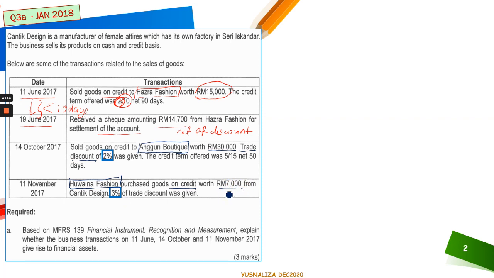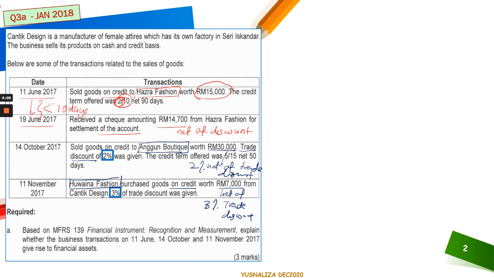So this one is not going to be the price that you are going to recognize, but this has to be after you net off the trade discount. Same goes for this one. This 30,000 should also be shown later after you net off your trade discount. You should have 2% discount here, and 3% here.